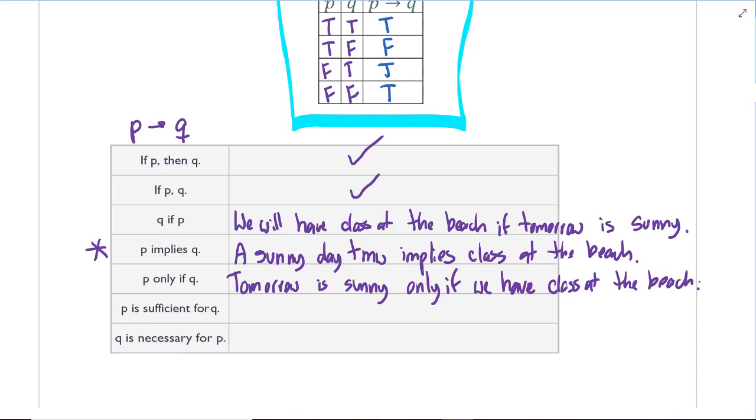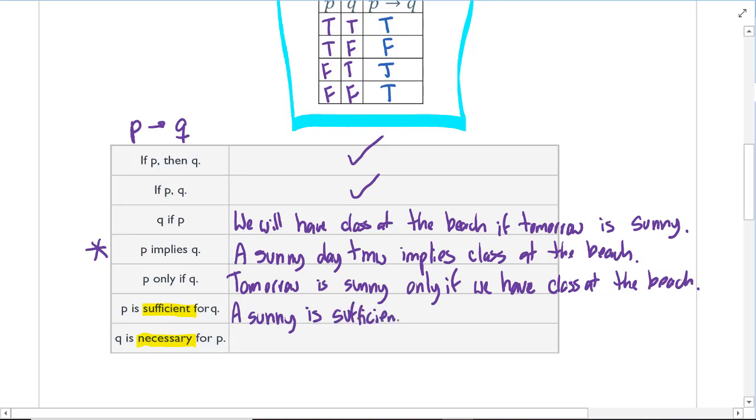Here are some other words that come up often: sufficient and necessary. P is sufficient for Q. The hypothesis is sufficient for the conclusion. In our particular case, this would be written: a sunny day is sufficient, or you might say good enough, for class at the beach.